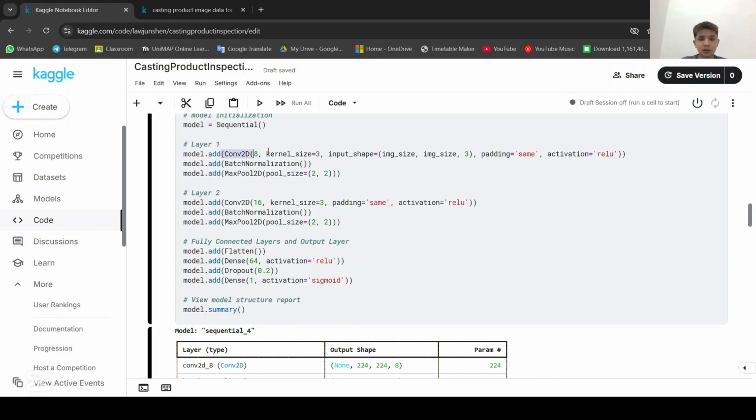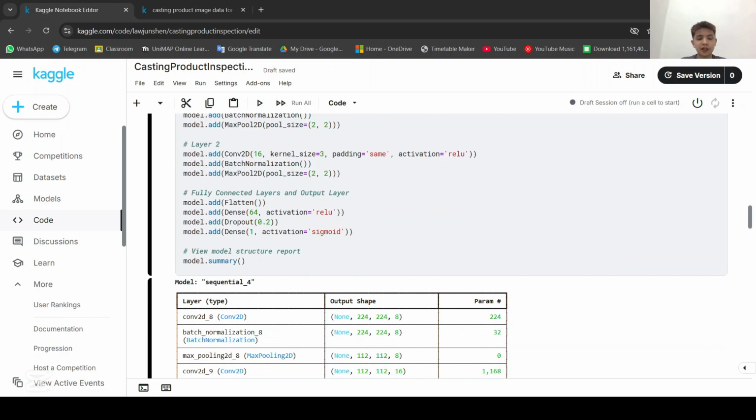Layer one has 18 units, and the second convolution layer consists of 16 units. Each convolution layer is followed by a batch normalization layer and a max pool 2D layer for better generalization.